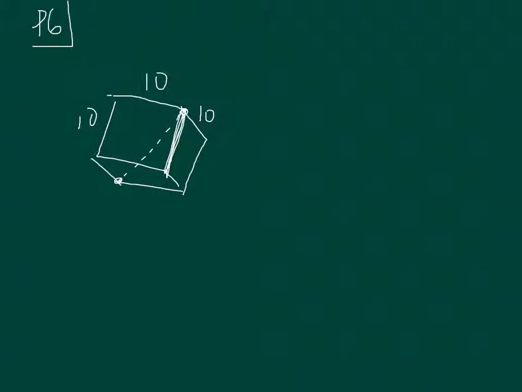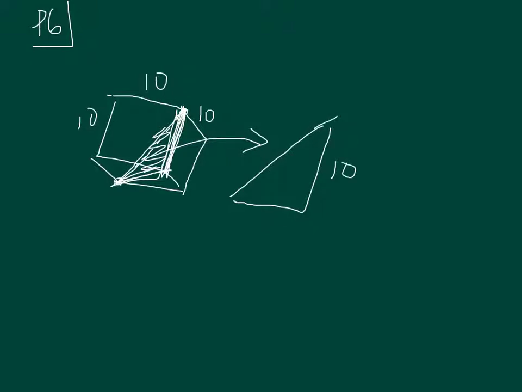So let's say we take the diagonal, so that we have a slice of triangle. So we have a right triangle, which has height 10, and the base is the diagonal of the square.